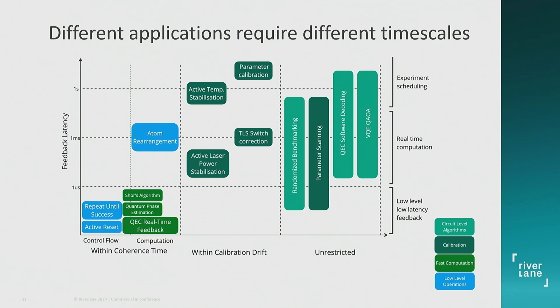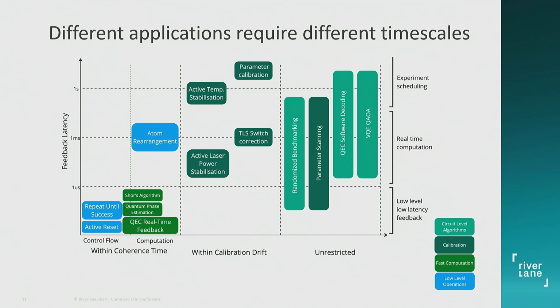Another thing that we really need to take into consideration is the different applications, circuits, and algorithms that users want to run on their systems. And we can categorize them in terms of the feedback latency and also the time during which we need to get them to complete. So things in the lower left-hand corner, those are your within-control-flow, within-coherence-time operations, sub-microsecond, ultra-low latency.